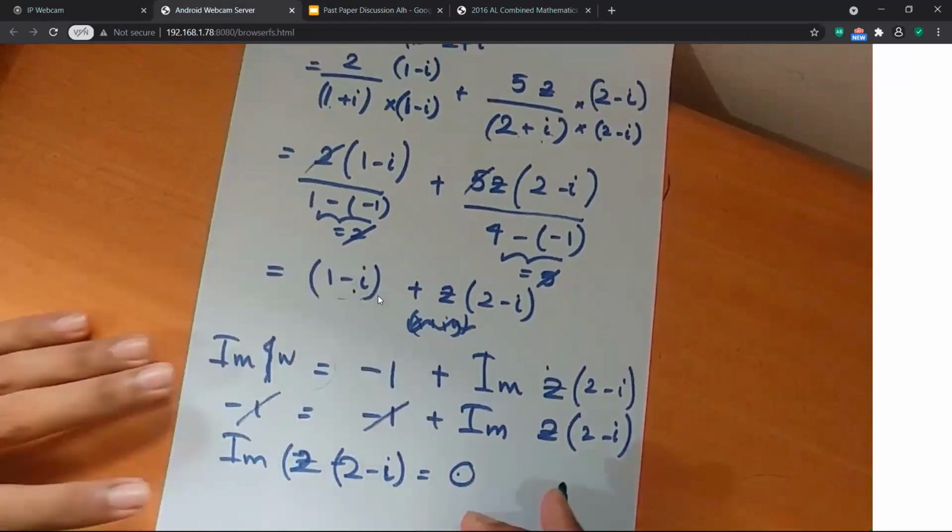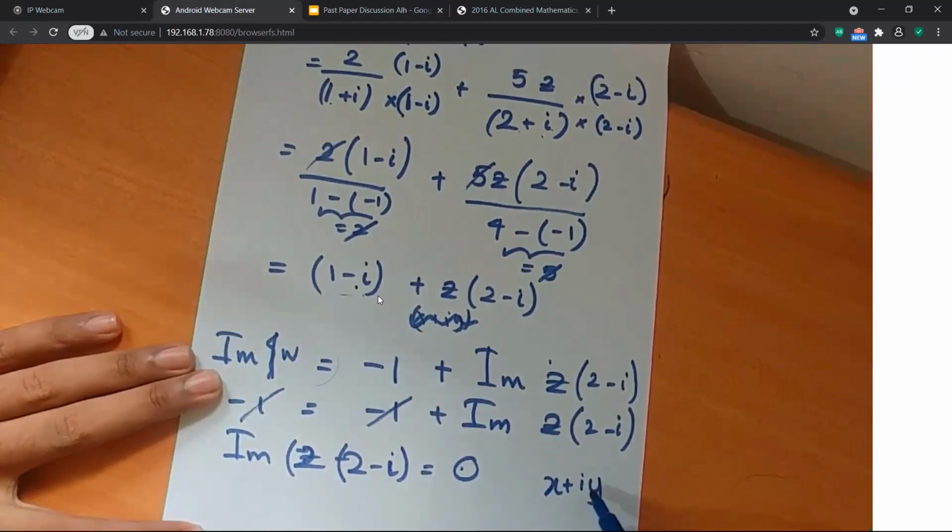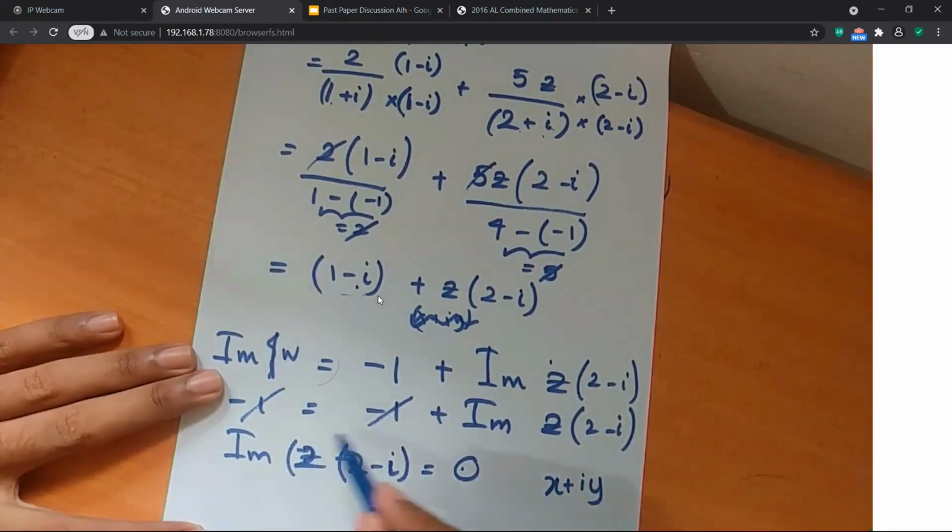Now, again I said, a complex number is in the form x plus iy. So the y part is the imaginary part, and the x part is the real part. Now what happens when the y part is 0? Here we got that the imaginary part of this entire complex number is 0. That means y is 0, so there's only an x term, that means only a real number.